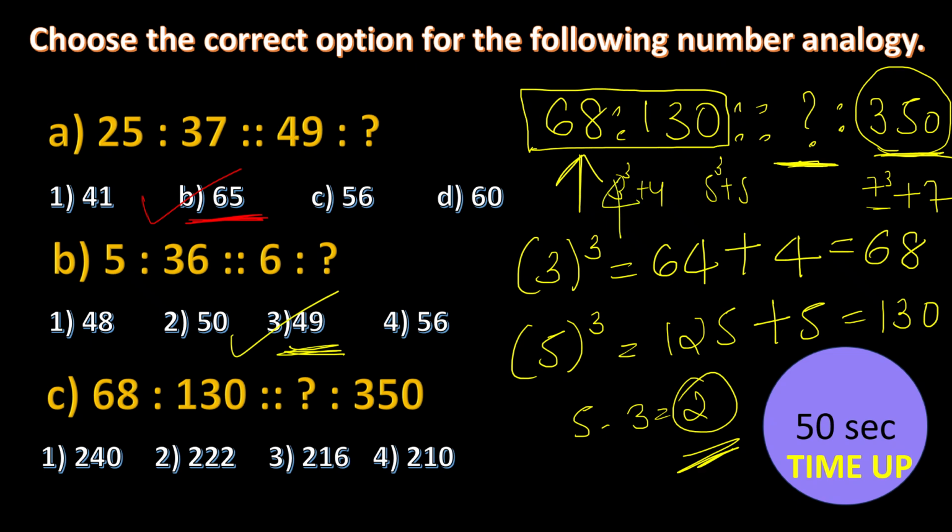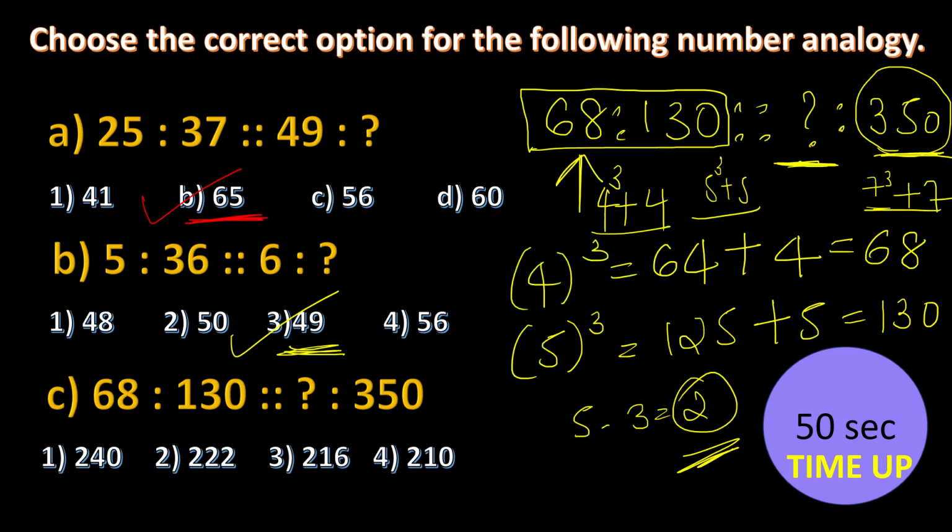My bad. Wait a minute, I've made a mistake here. So here it is 4 cube, right? 4 cube plus 4, 5 cube plus 5, and you have 7 cube plus 7.